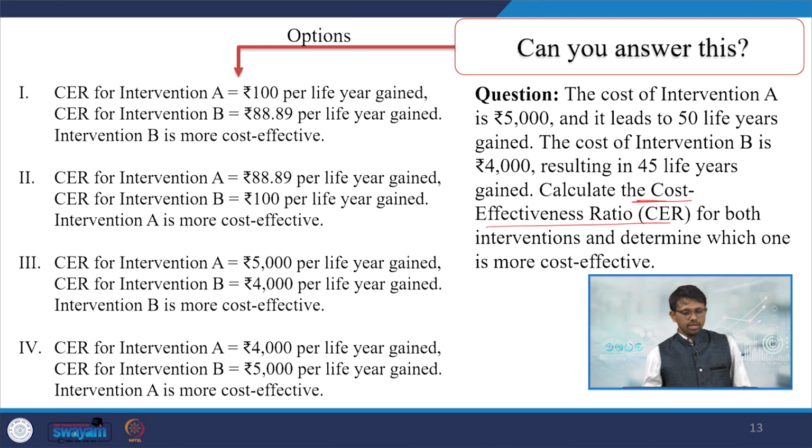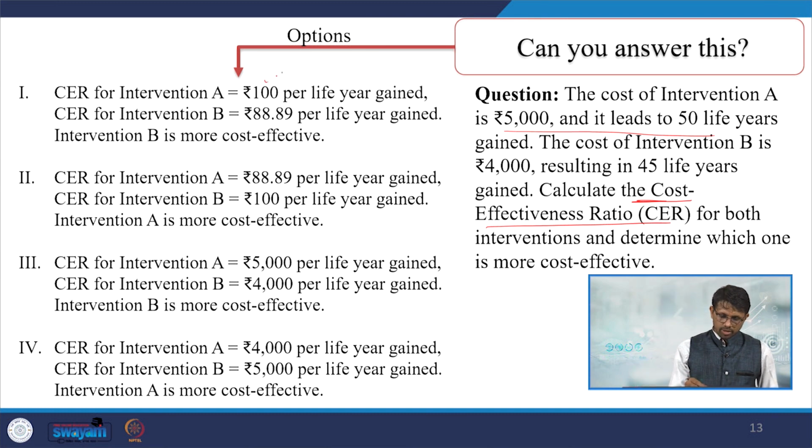So there are all these options we can find out, and we see which one would be more relevant. So CER for intervention A is 5,000 divided by 50, it is actually 100, sorry, 100 per life year gained. So this is the average cost as per intervention A, that is 100.